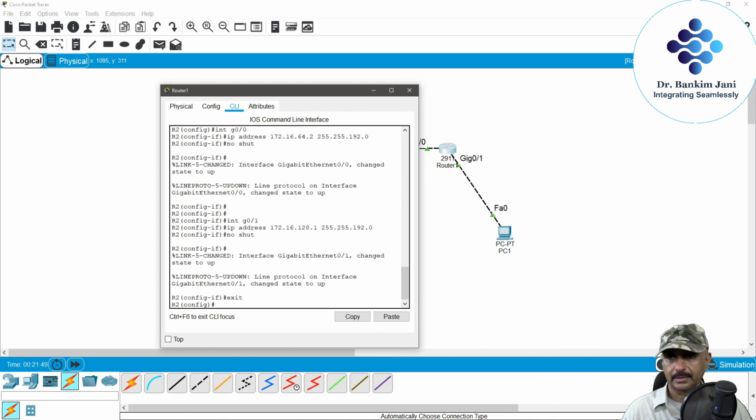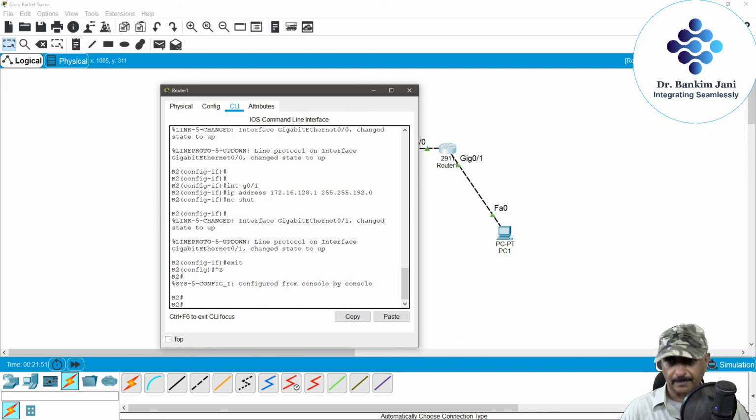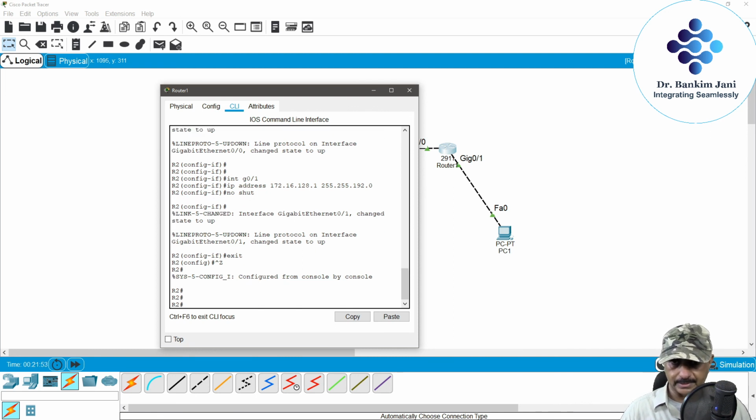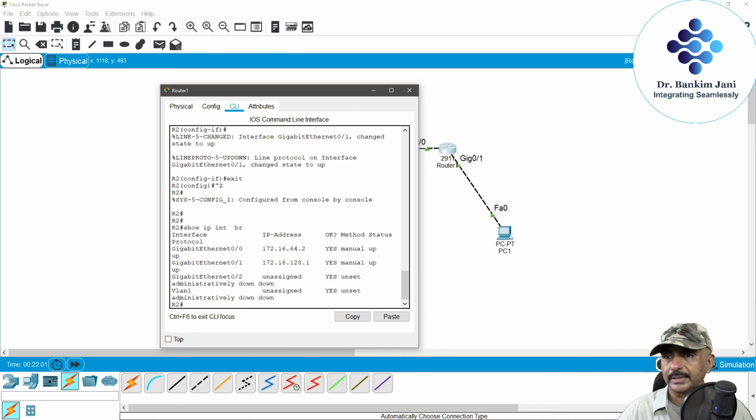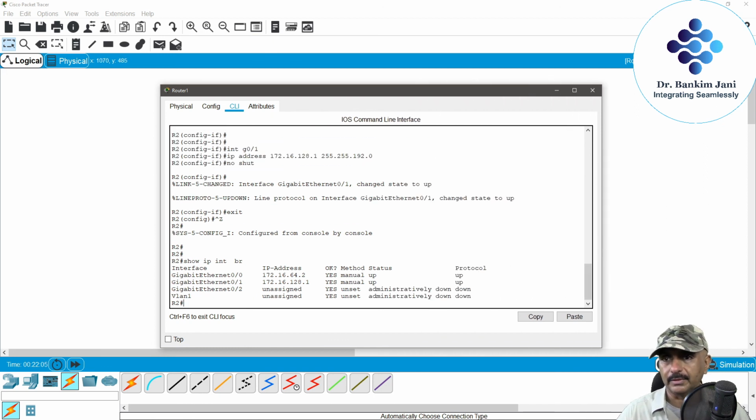Exit, Control Z. Now in both these cases, if you see show ip interface brief, it is showing you that we have got these two networks. See both of them.